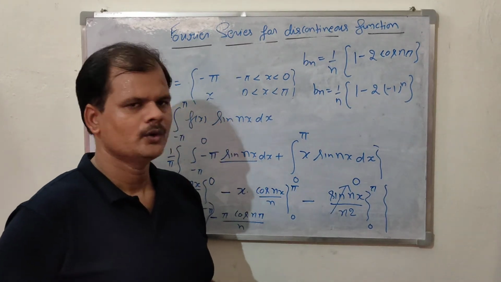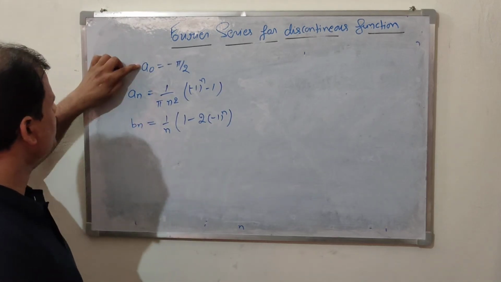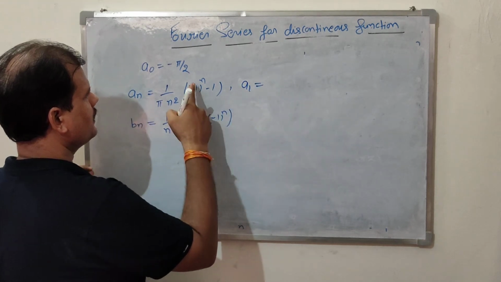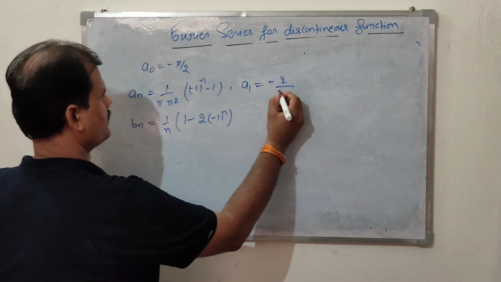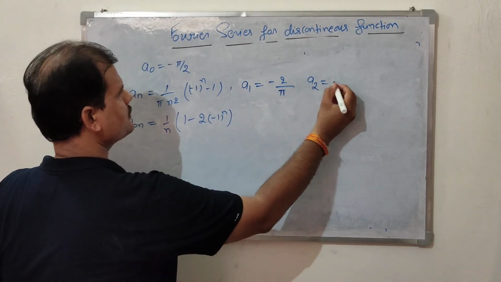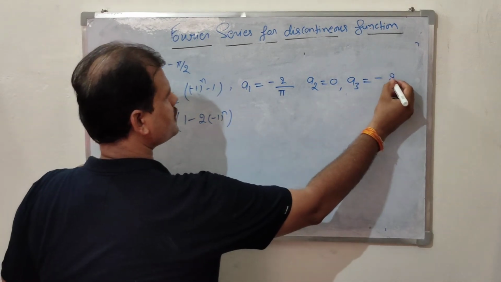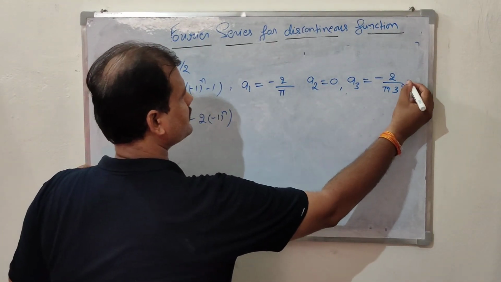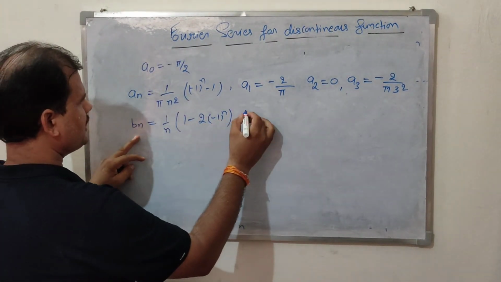So now we'll write the Fourier series. So we have got a0, an and bn. So let me write here a1. So a1 will be minus 2 by pi. Let me write a2. So a2 will be 0, a3 equal to again minus 2 by pi and 3 square, right? a4 equal to 0, like that we can write. And here let me write b1.